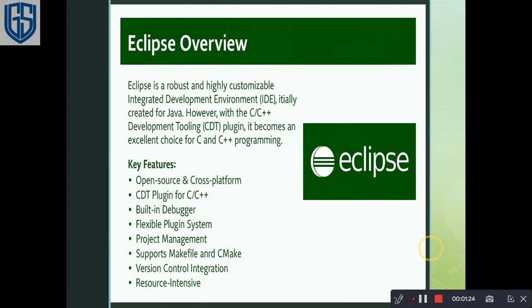Eclipse overview. We don't need to remember everything, we can just learn what features it supports. No need to learn it by heart. Eclipse is a robust, highly customizable integrated development environment initially created for Java.